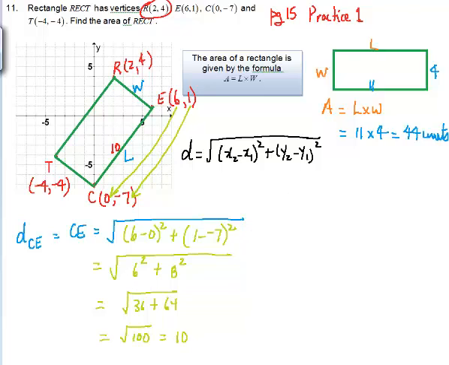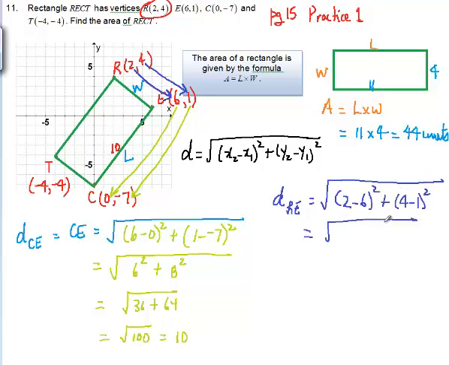Now repeat this process for the other side. We're going to need a width, so that'll be the distance of RE. So RE will give us the width, again using the distance formula. So it's 2 subtract 6, all squared, and 4 subtract 1, all squared.